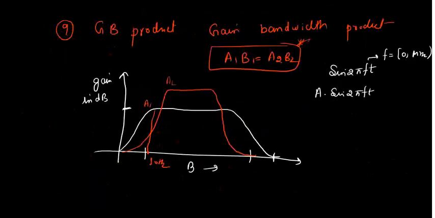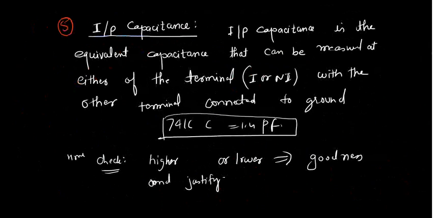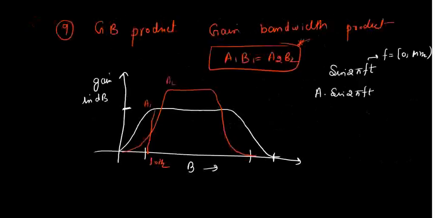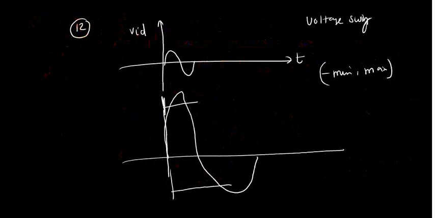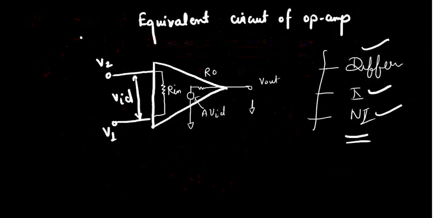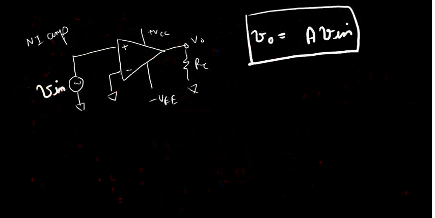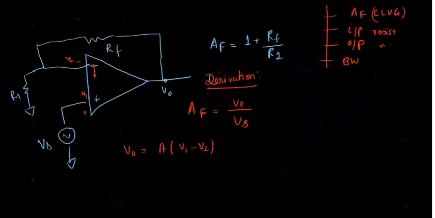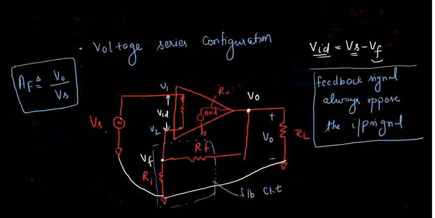I think in the last class I did it somewhere. Yeah. So what would happen inside that black box? Whatever VID you get here, you will amplify it. Correct? It does not know from where this VID is coming.